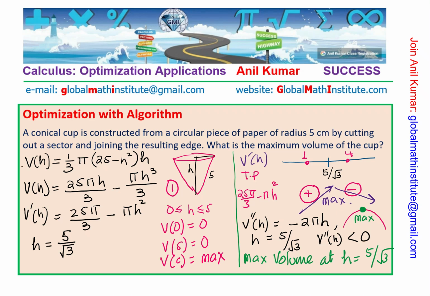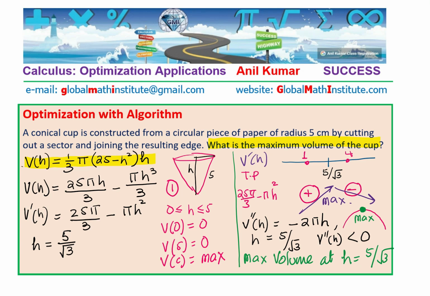So I have shown you with one example all the 3 algorithms for optimization, correct? Now the question is, what is the volume? You can use the calculator and find the exact value of volume. We have the expression here, which is volume is 1/3 pi (25 minus h squared) times h.